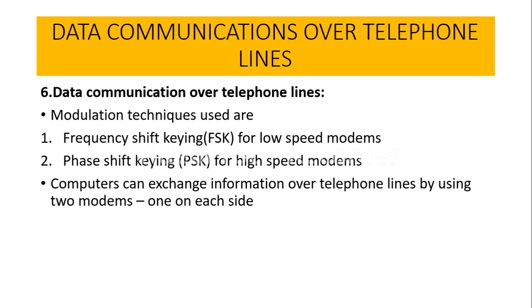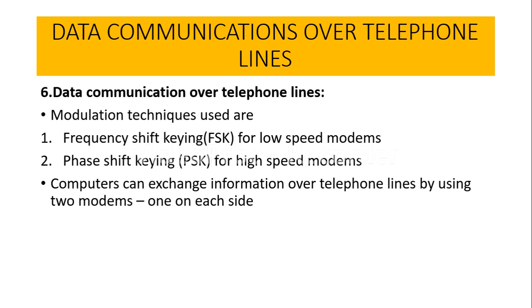The modulation techniques we use are frequency shift keying, or FSK in short, for low speed modems, and phase shift keying, or PSK, for high speed modems. Modems are devices which translate digital data into audio tone frequencies for transmission over the telephone line and convert audio frequencies into digital data for reception.